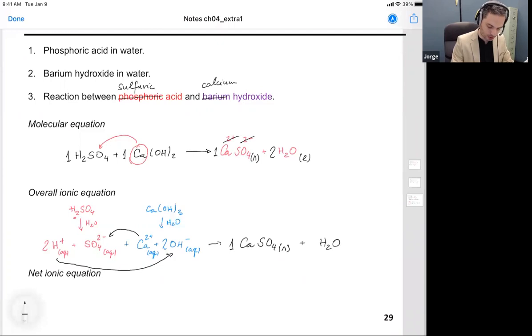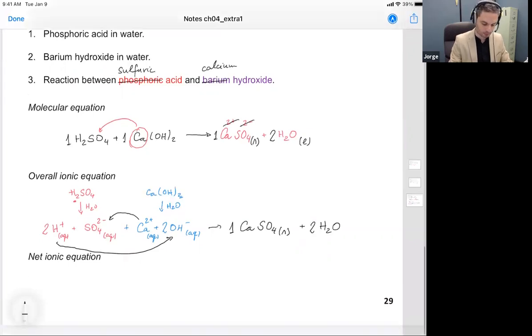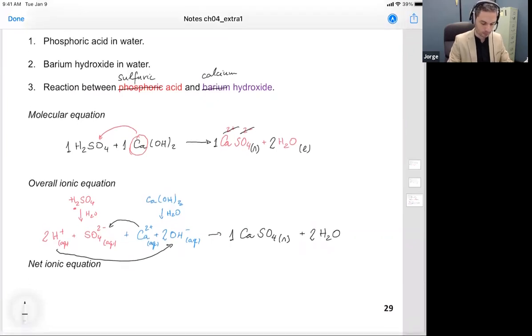Then we can use the stoichiometric coefficients from the reaction above, and it's simply a 2 for the water. Now for the net ionic equation, we may cancel if an ion shows up in the reagent side and on the product side. In this case, everything is different compared reagents and products.